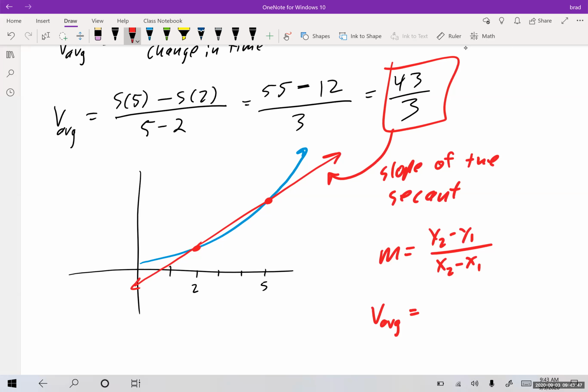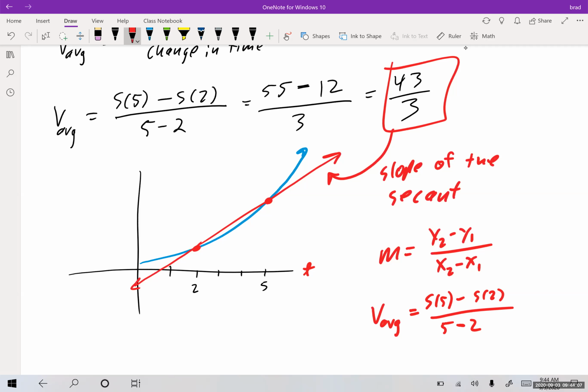So I literally found 2 y values. When I said this, I said s of 5 minus s of 2. And then my x values, well, this is t, so I said 5 minus 2. So literally what I'm doing is the slope formula.